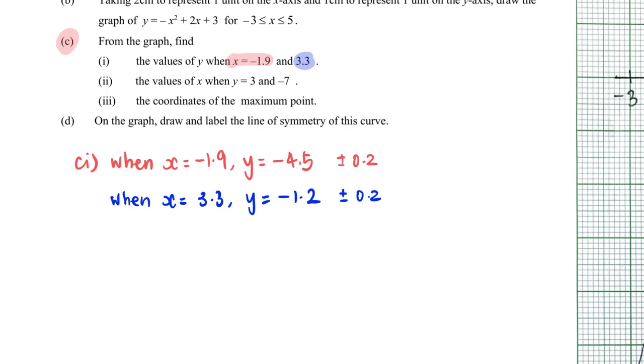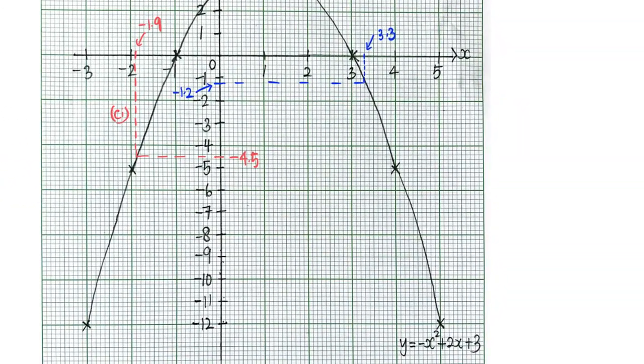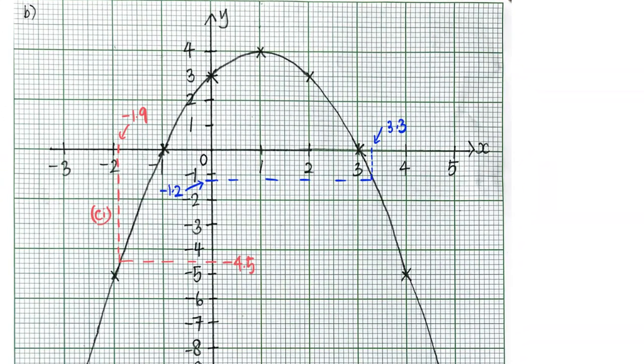And for C part 2, find the values of x when y equals 3. So I'm going to go over to the graph again. When y equals 3, we are looking at these 2 points. Y equals 3, what is the graph? And what is the answer for x?